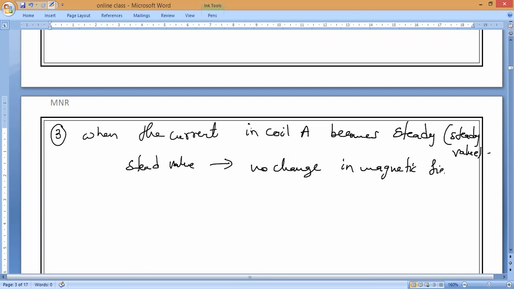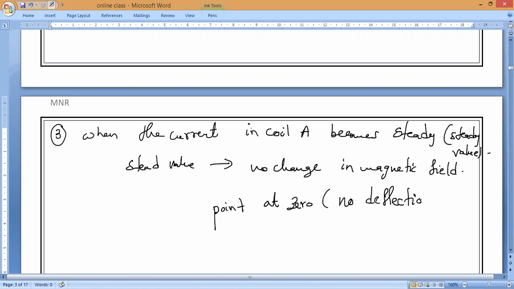So there is no change in magnetic field in coil B also. So there is no change in potential difference, so no induced potential difference. Then no induced current is produced in coil B. So where does the pointer of the galvanometer point, guys? The pointer points at 0, or we can say no deflection.